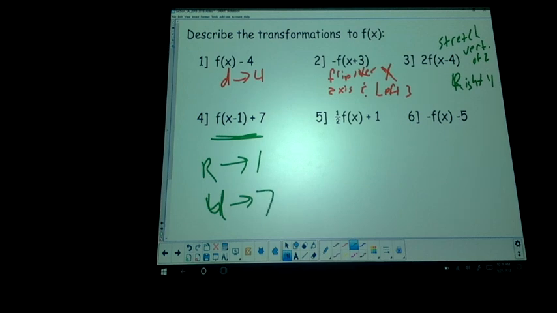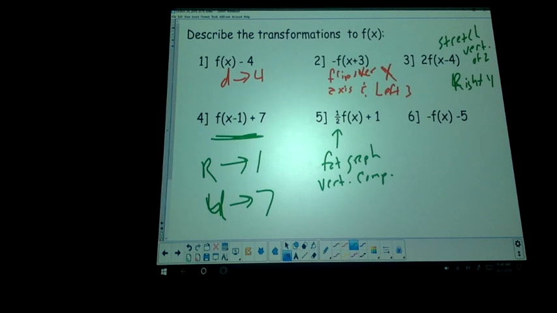All right. This one is a fat graph. So it has a vertical compression is what it's called. If it's a fraction between 0 and 1, it's a compression. But if you had like 5/3, that's bigger than 1, so it's still a stretch.